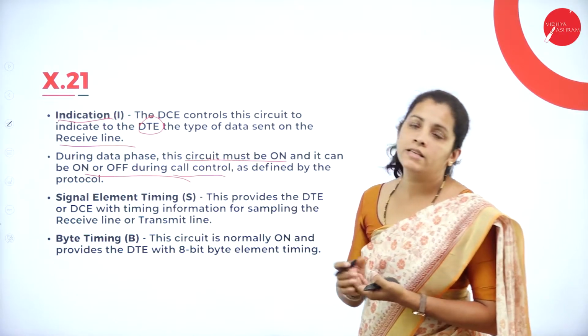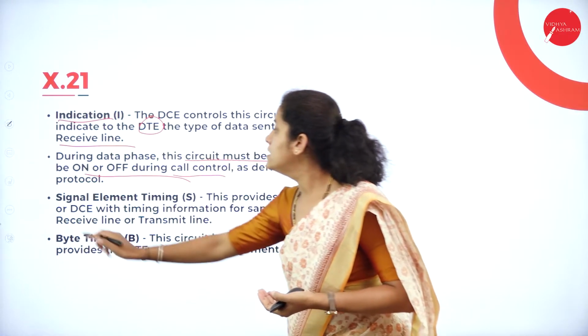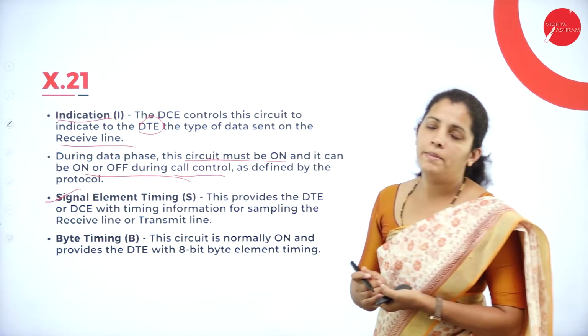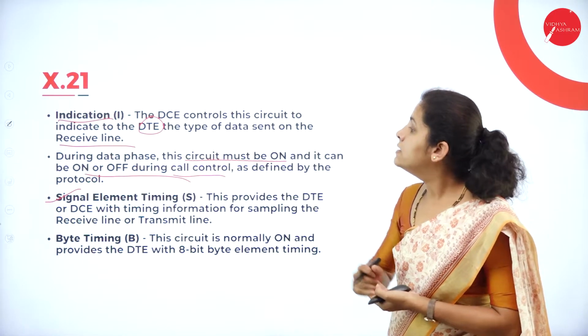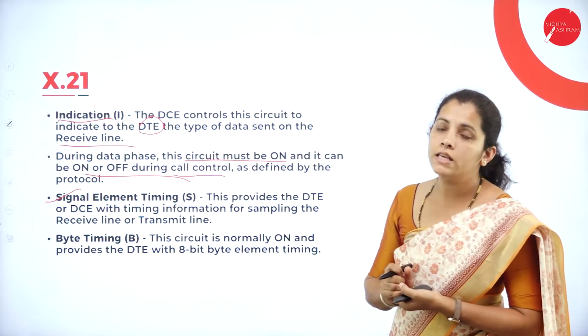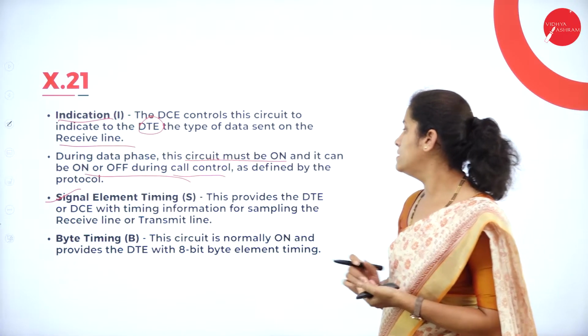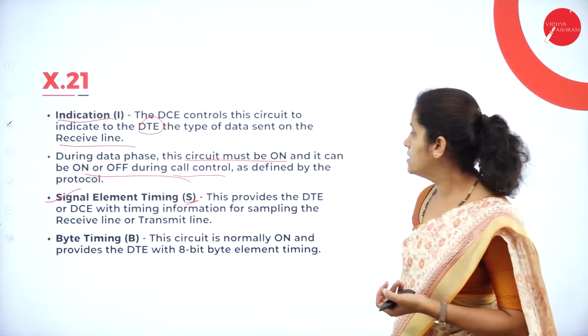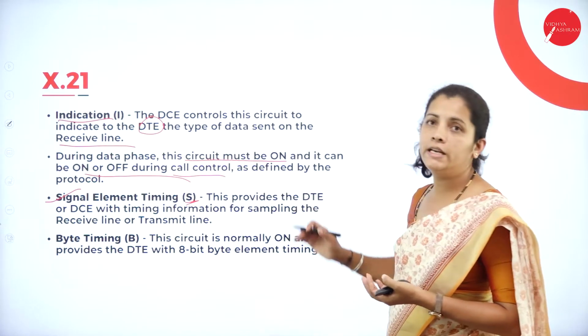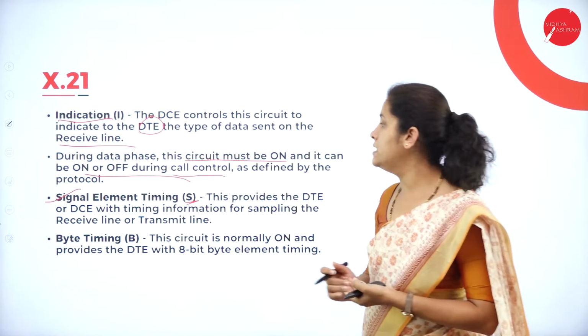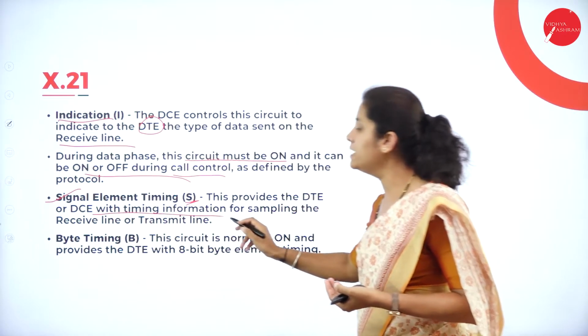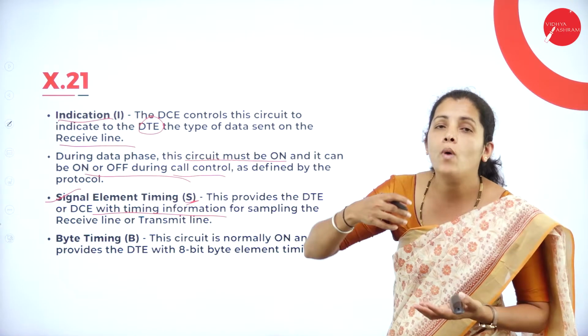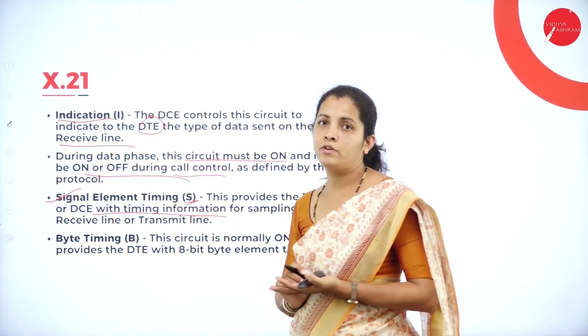The next signal type here is signal element timing. I repeat, the next type is signal element timing, and it is represented by S. This provides the DTE or DCE with timing information. Why do we require timing information?